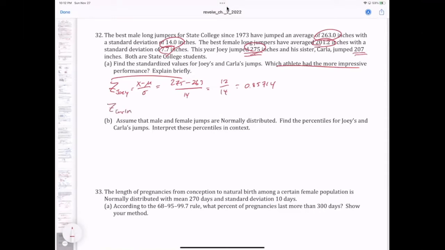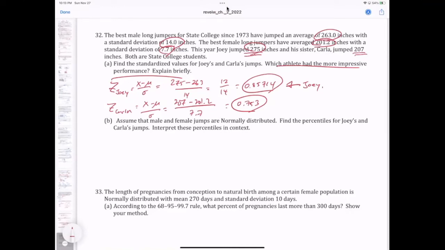And for Carla, z equals x minus mu over standard deviation: 207 minus 201.2 divided by 7.7. That should give you about 0.75. Great. Now, the z-score being on the higher end, being positive, means that definitely Joey did better, because of the higher z-score, meaning further above the mean. Joey definitely did better in the long jump.